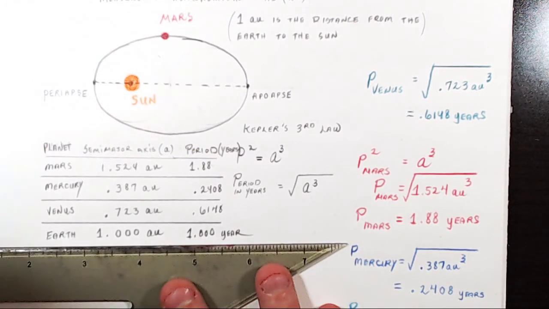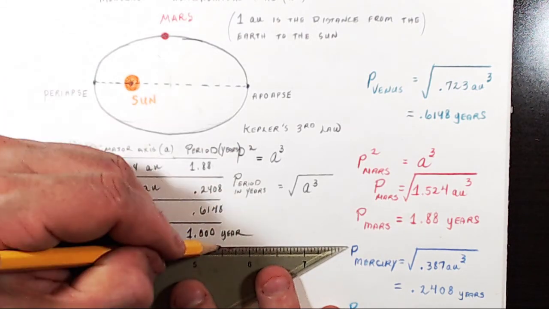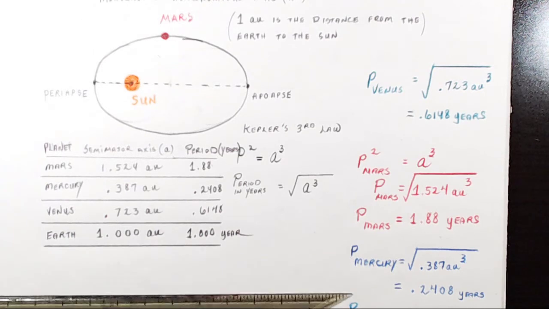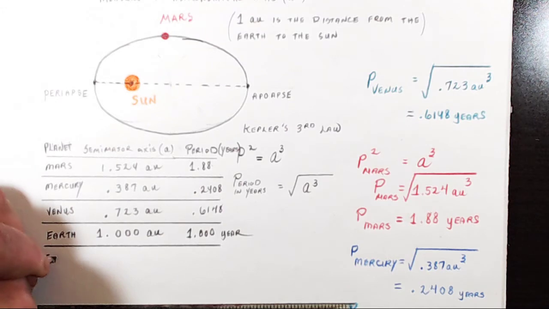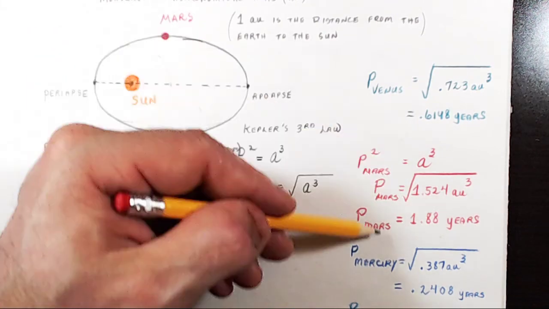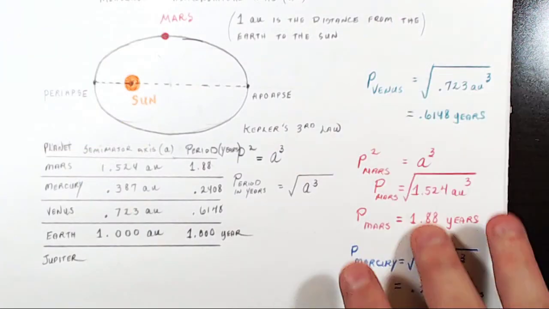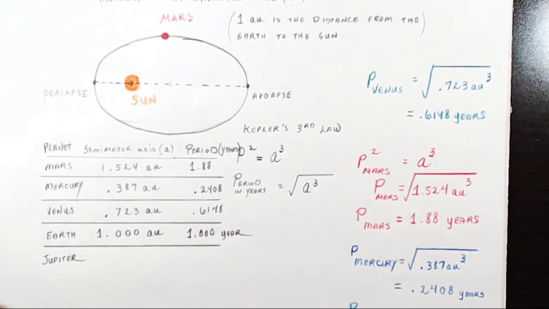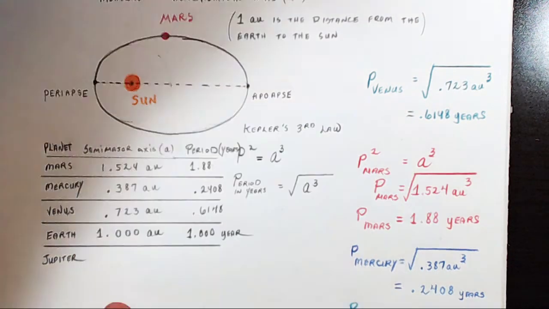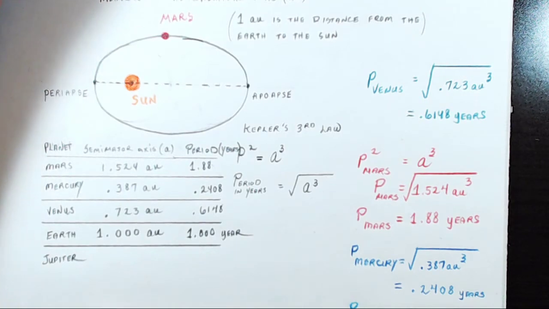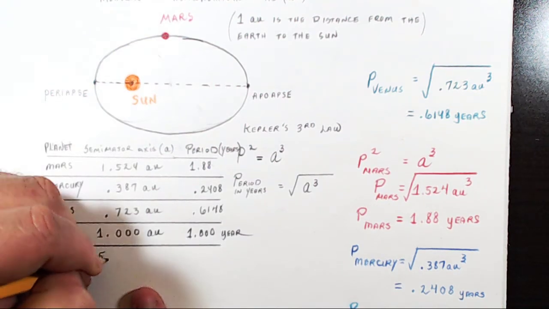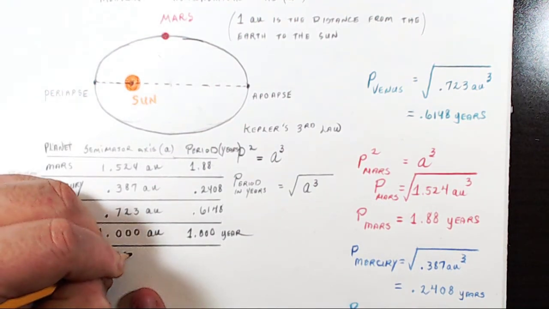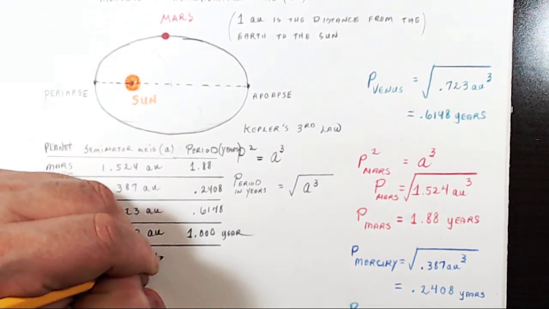Now let's look at a planet that's farther away. Let's look at Jupiter. I'm going to stop with the calculations because we're understanding what we're doing here. I'll just do it over here because I'm going to run out of space. What is the semi-major axis for Jupiter? Well, it's 5.203 astronomical units.